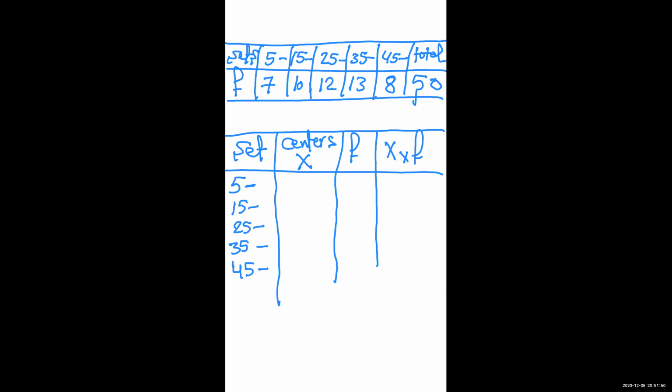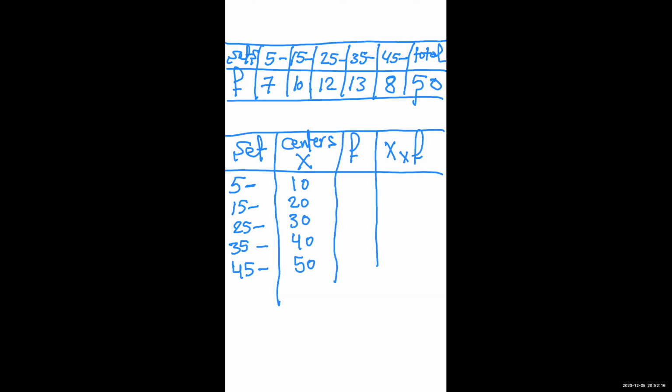Then the centers, guys: the upper limit plus lower limit divided by 2. So 5 plus 15, 20 divided by 2 means 10. Then the length between two sets is 10, so 20, 30, 40, 50.